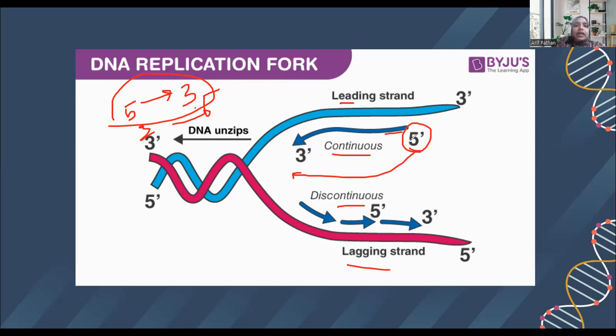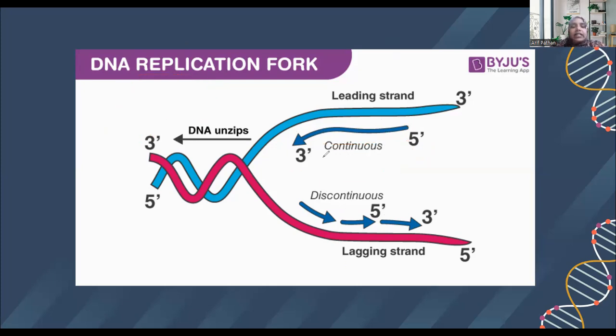So this strand goes through the formation process like this. One strand you see moving in this direction, another in this direction. Also, one thing you notice over here is that this strand is made in one go without any breaks. Here you see breaks: small fragment, small fragment and small fragment.